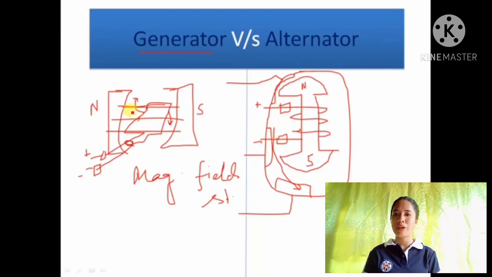So there is a difference between both of these machines: in a generator, the field is stationary and not moving, while the conductor generating the output is rotating, whereas in an alternator the output conductor is not rotating.